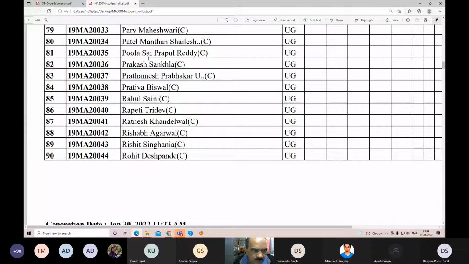81 Sai Praful ready. 82 Prakash. 83 Prabhakar. 84 Pratibha Biswal. 85 Rahul Saini. Sir, 83 present, sir. 82 also, sir. 83 is Prabhakar. 85 Rahul Saini.